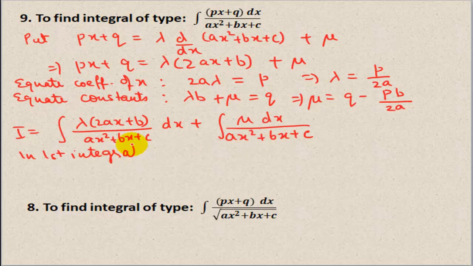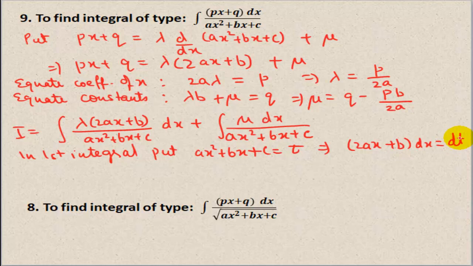In first integral, put ax square plus bx plus c is equal to, say, t. So what will be its derivative? 2ax plus b and then dx is equal to dt. You will find this part is reducing to dt. And lambda is a constant you can write here and its value is known to us.